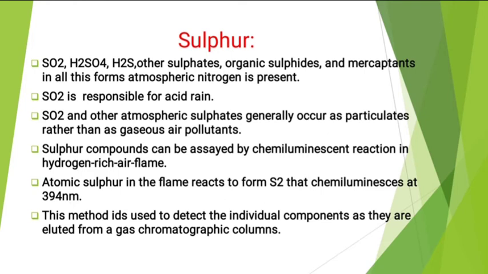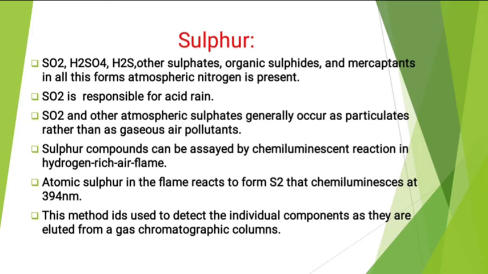First are the sulfur containing compounds already present in the air. These can be separated by using chromatographic techniques, and then the samples are individually kept for analysis on the gas chromatograph, and there is further analysis of these components. Here, sulfur dioxide, sulfuric acid, H2S and other components which contain sulfates, organic sulfides and mercaptans.